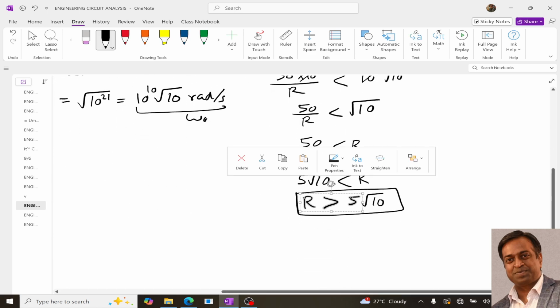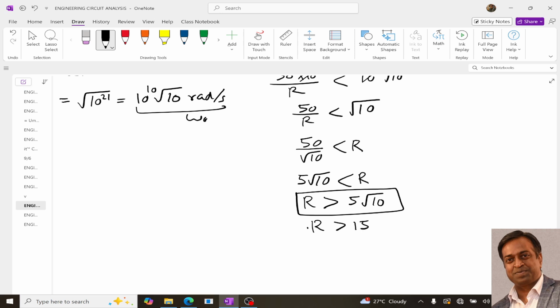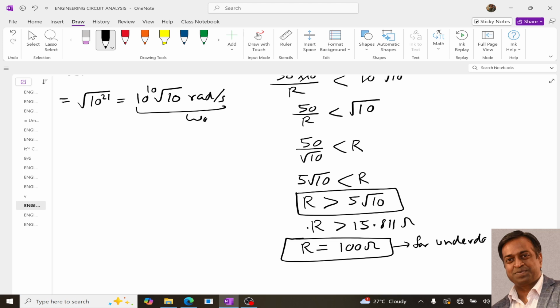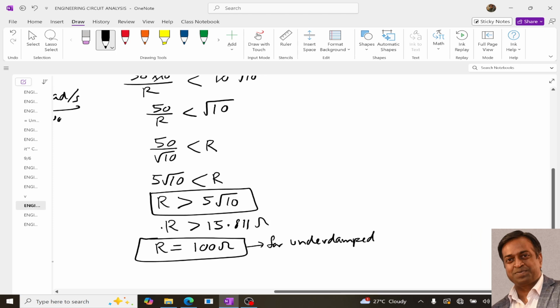Since this critical R is 5 root 10, it will be something around 15.811, right? So from this I can assume that R is 100 ohm. I have taken this for the underdamped response.